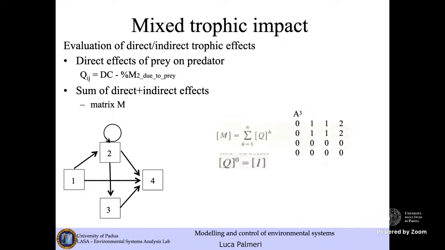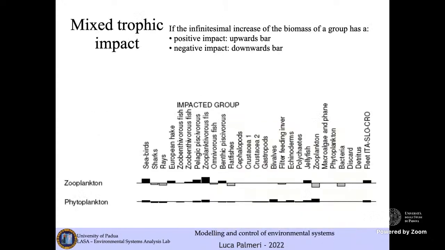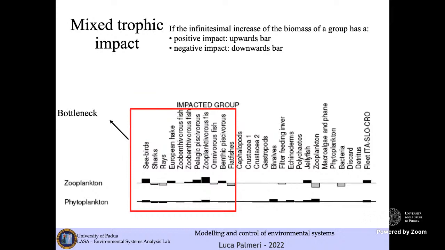The only thing I want to say to finish this lecture is that the idea of analyzing this trophic network like this is that of finding where control comes into a network. For example, you see that the bottleneck in terms of zooplankton, here we are representing how much is the trophic efficiency.